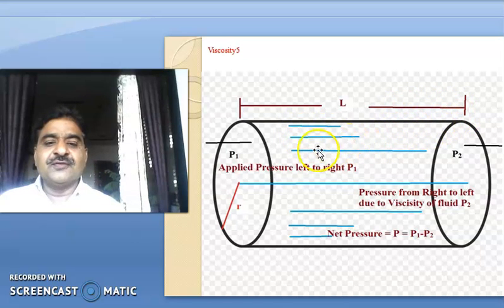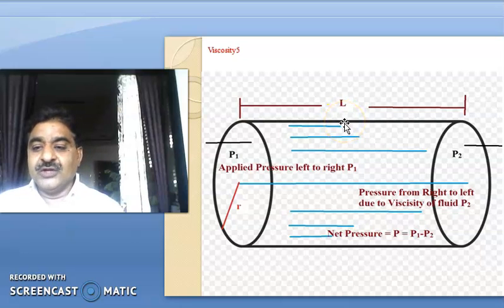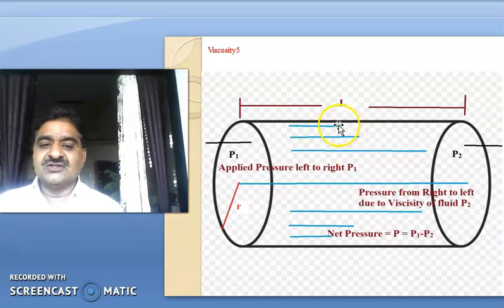Here I have shown you different layers of fluid flowing. This is the central layer having more velocity. Velocity decreases, and the layer in contact with the wall of the tube, we have to assume has no velocity, in the sense its velocity is 0.